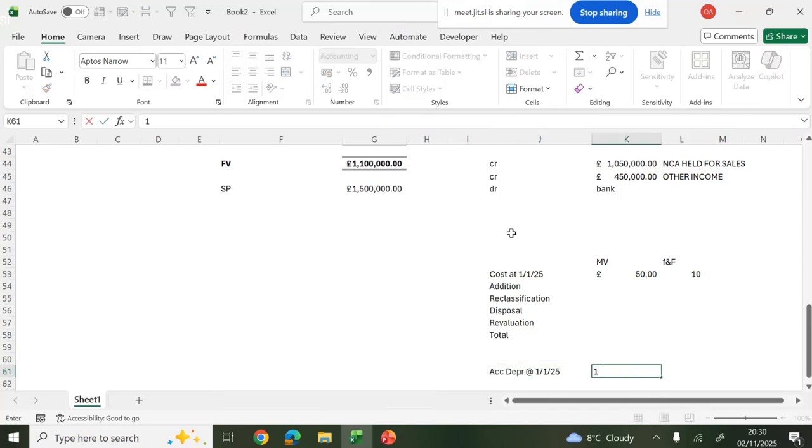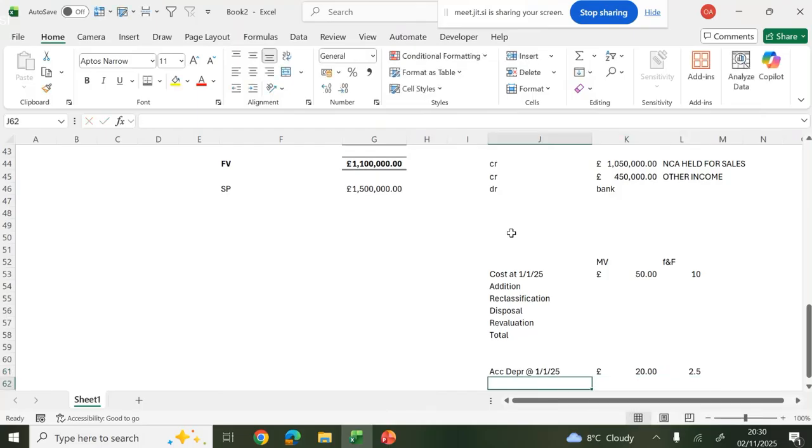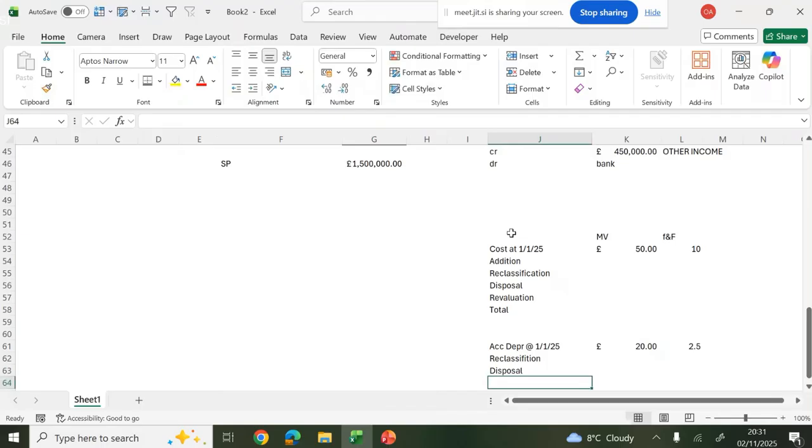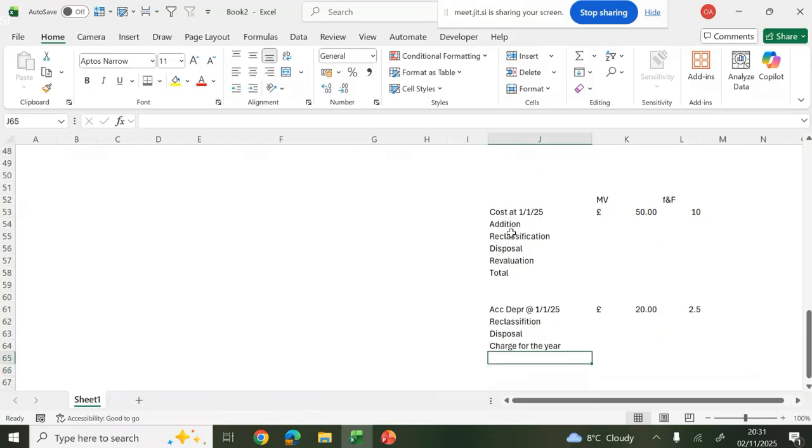Let me say it's 20, maybe 2 years has gone past. Let me say this one is 2.5, right? The reclassification will still come in here as well, and disposal will still come here as well. Then the charge for the year. Then I have my total.